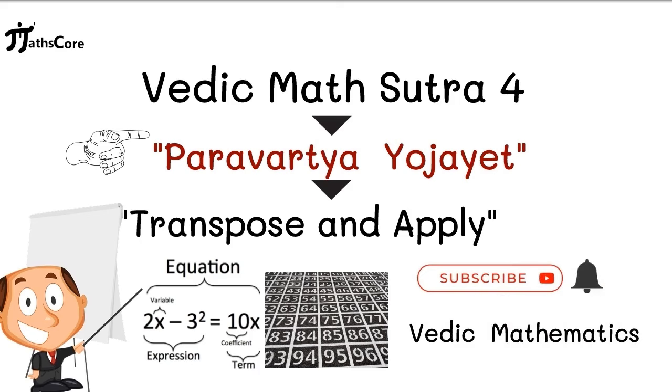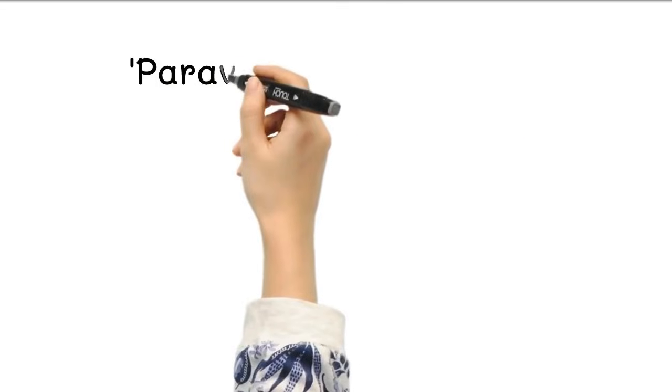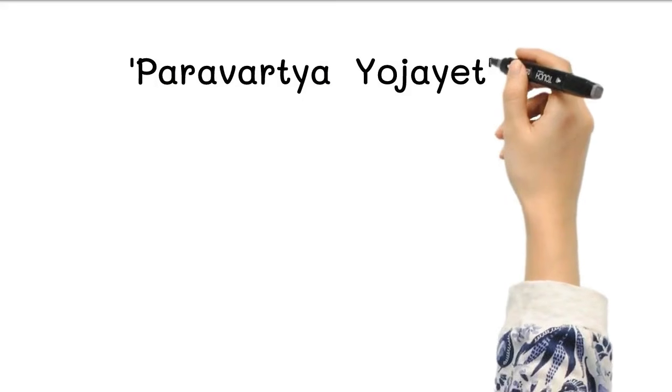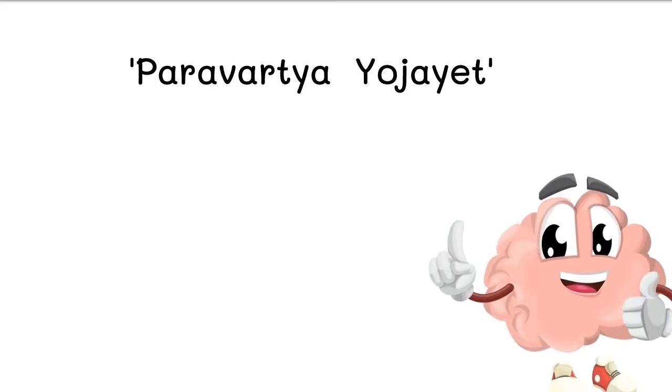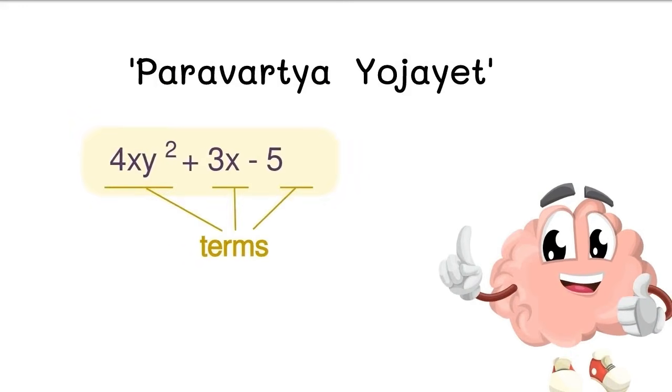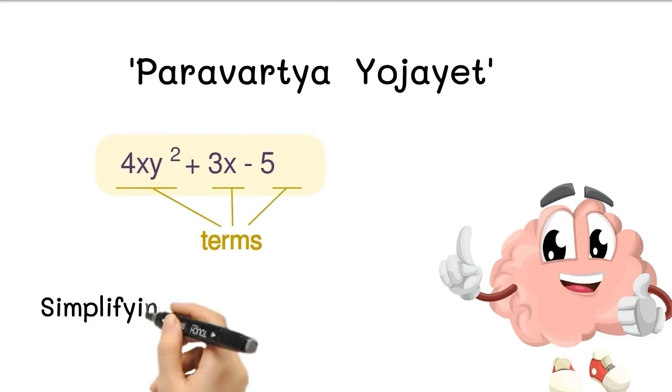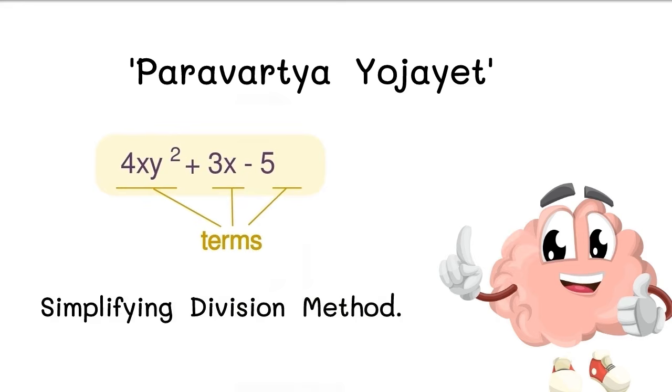So let's get started. The phrase Paravarta Yojayet might sound complex, but it's actually a very handy tool in Vedic maths for solving various types of equations and simplifying the division method. Applications.